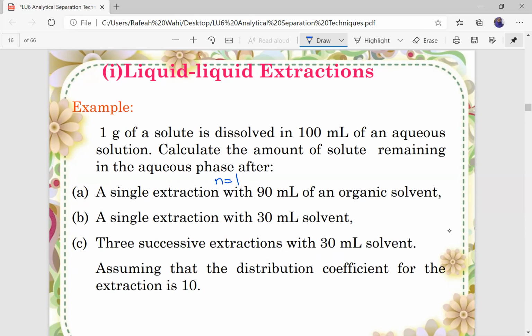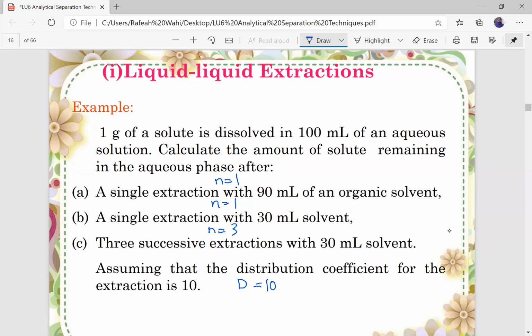Then B, a single extraction, n equal to 1, with 30 ml of solvent. Just now in A, you have 90 ml of organic solvent, but in B, you have 30 ml. And C, 3 successive extractions with 30 ml of solvent, meaning n equal to 3. Assume the distribution coefficient for the extraction is 10, so D equals 10.